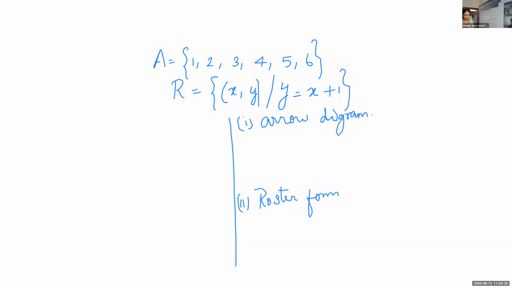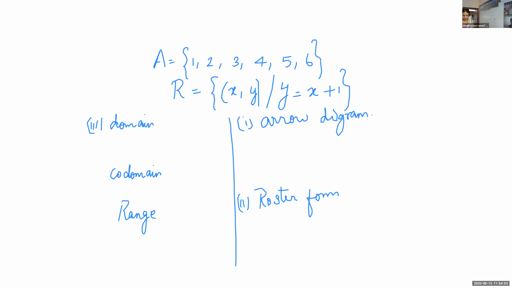Third one, write the domain, codomain and range.